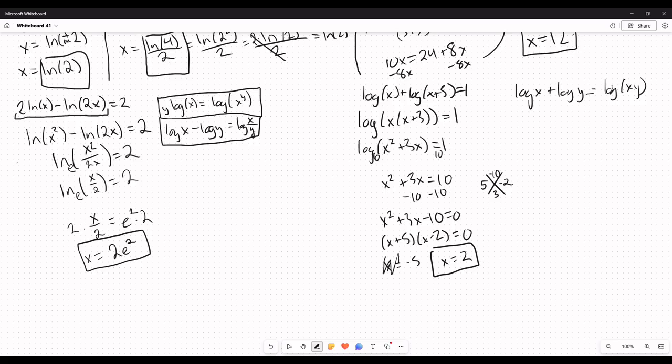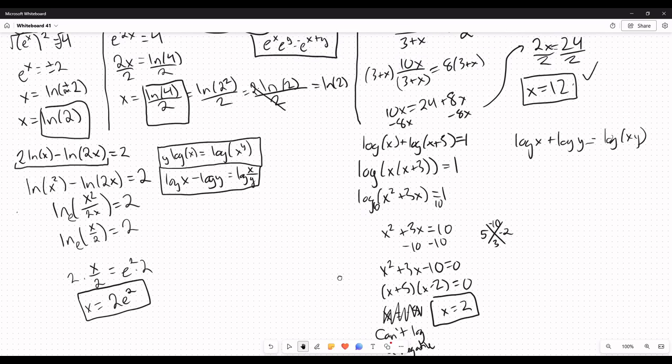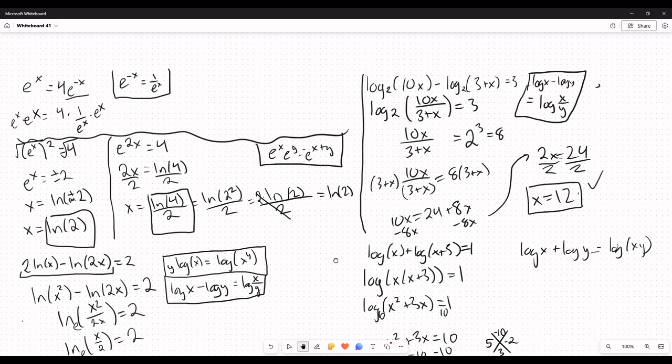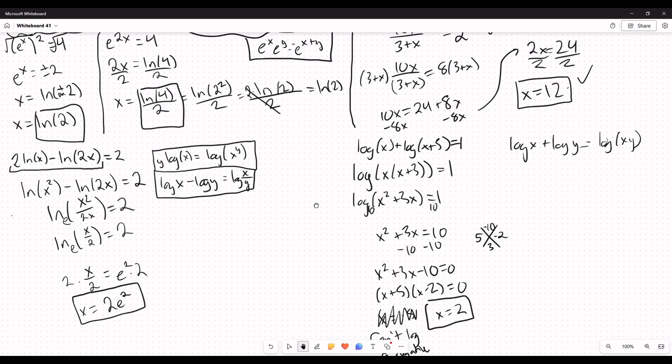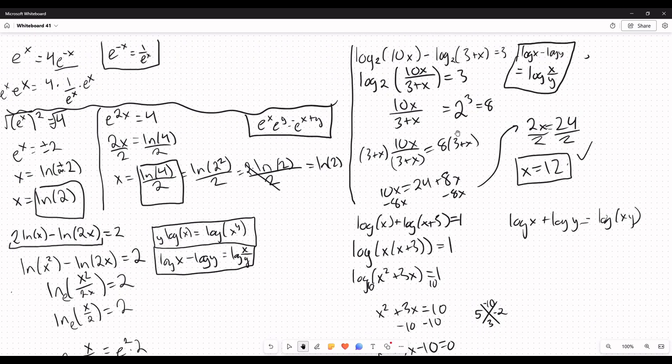Since I can't take a log of a negative number, that solution doesn't work. So there we go. We only actually have one solution there, x equals 2. So there's some more examples of how to solve equations using properties of logarithms. And hopefully that helps a little bit.